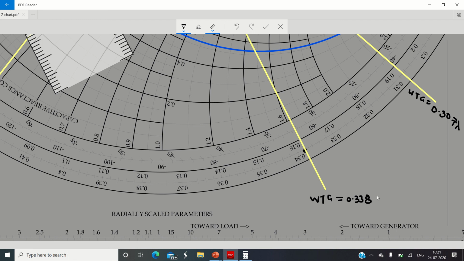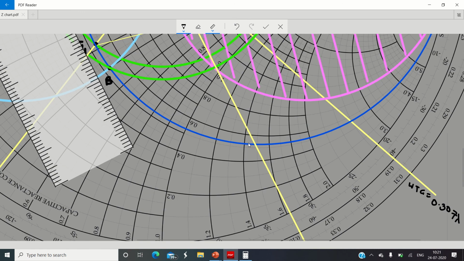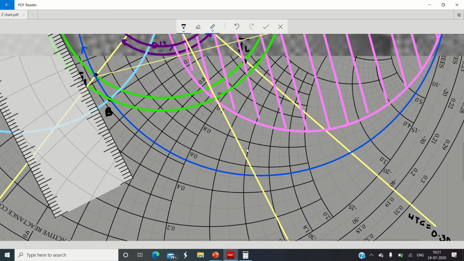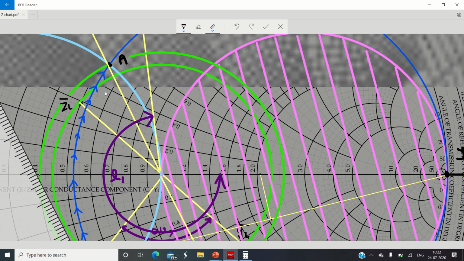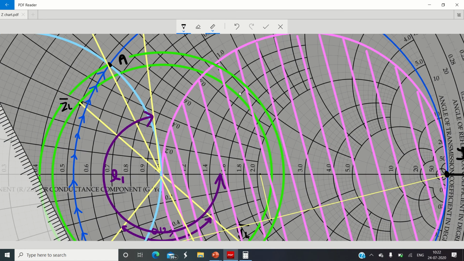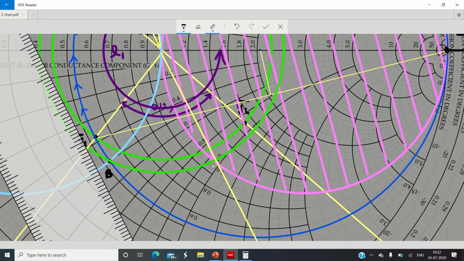You need to write each and every WTG, whatever you are calculating in your Smith chart. So 0.338 lambda. This line we have drawn intersects the outermost VSWR circle, which is passing through A. Wherever it intersects that VSWR circle, denote that point of intersection.